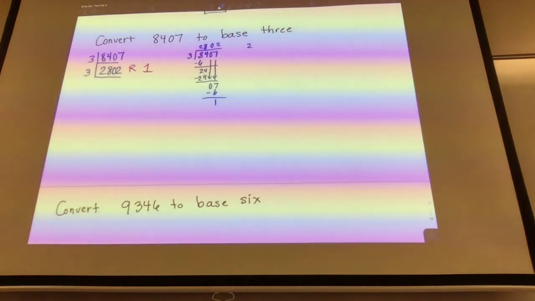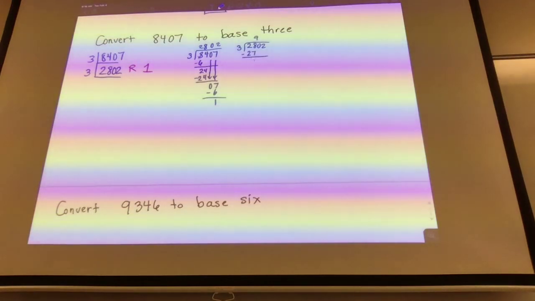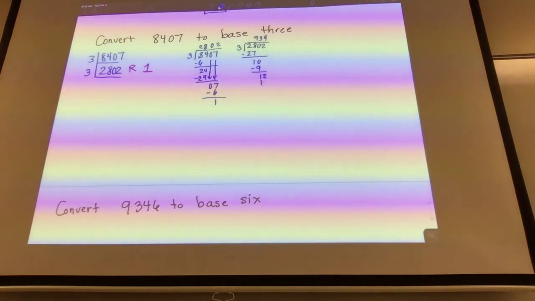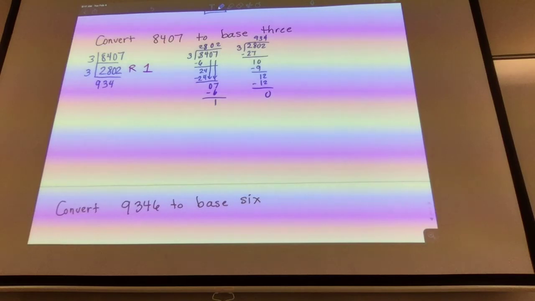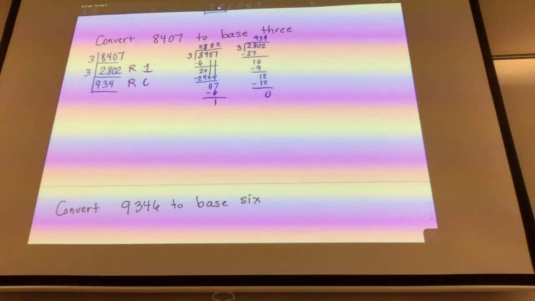So 2,802 divided by 3. And that time we get a remainder of 0. So we got 934, but we had a remainder of 0.